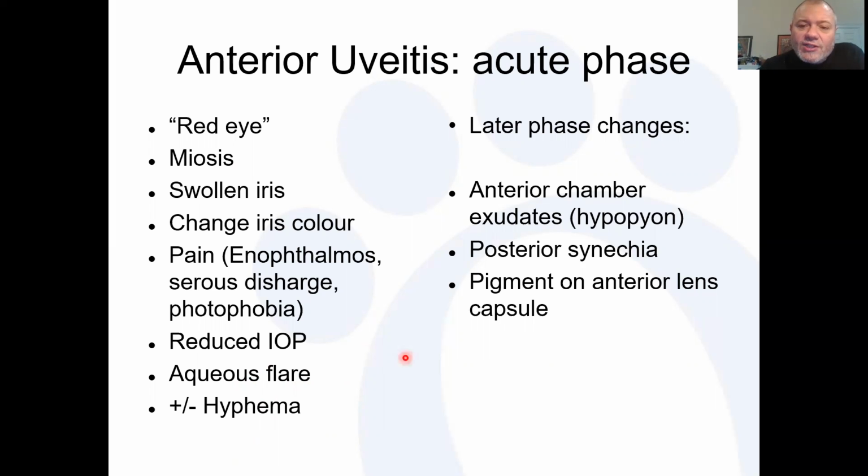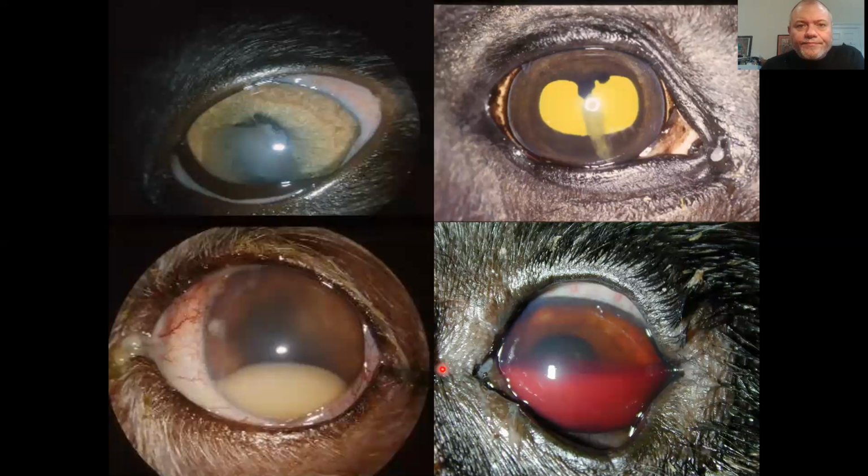And then as things change, as the iris becomes very sticky and inflamed, it starts to stick to things. The iris can stick to both the lens and the cornea, which we call synechiae, and some of that very highly pigmented posterior iris material can actually come loose and stick to the anterior lens capsule, which we call an iris rest. This is an example of some cases. There's a horse on the top right, which has got some fibrin and a little bit of pus in the anterior chamber.